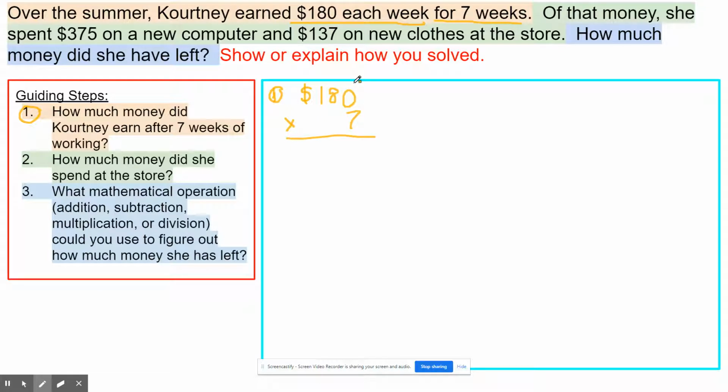All right, so I can use my standard algorithm, which we're going to be working more with in class, or I could use my partial products method, or I could use my area model to solve this multiplication problem. So pause this video if you haven't already, to try to do this multiplication problem out using one of the strategies I already mentioned.